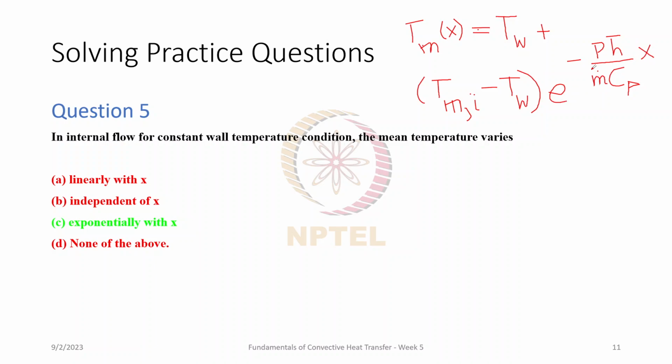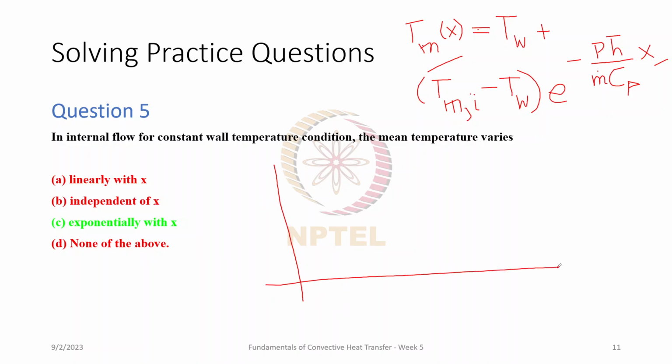So, forgetting everything, if we just look at the Tm and x, that is something like a plus b into e to the power minus cx. You see the form, right? So the Tm varies exponentially with x.